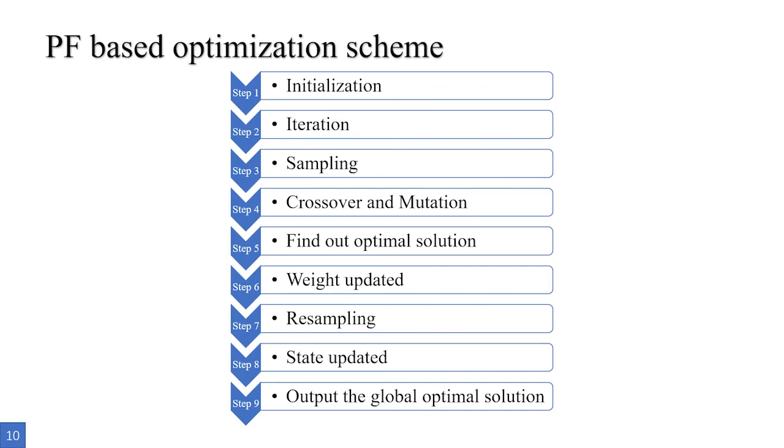Step 8. State update. Update the state according to particles and their weights. Step 9. When the iteration is over, output the optimal solution of the last iteration, which is the global optimal solution of the objective function.